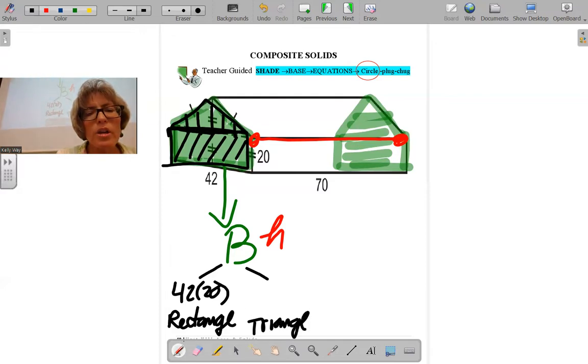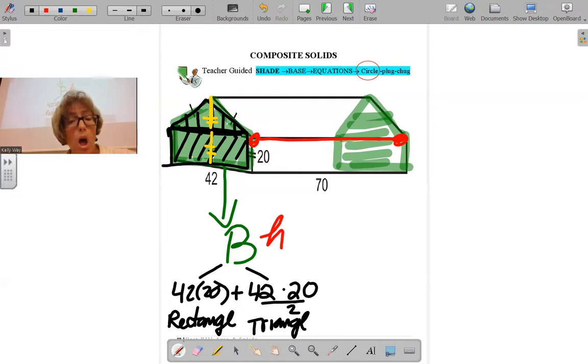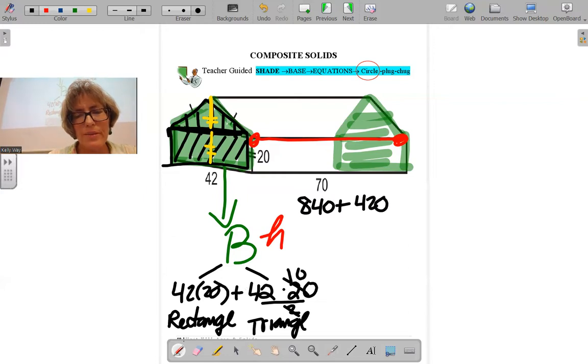And our triangle here is base, 42, times that height, which if you notice the hatch marks, is also 20, but it's over 2. And we're adding those together because it's a composite shape. So 10 times 42 is 420. That's going to be 840 plus 420.